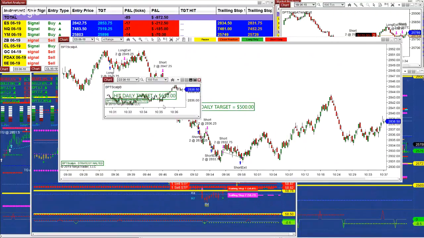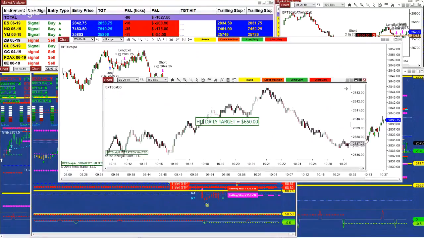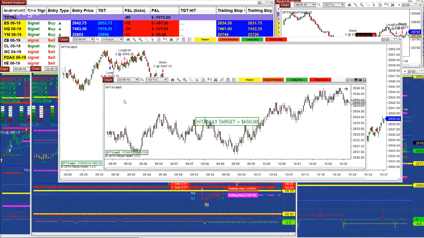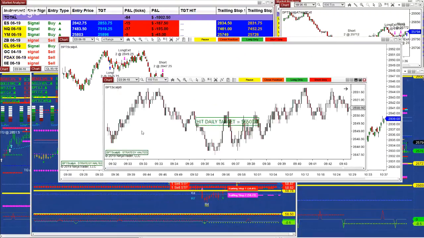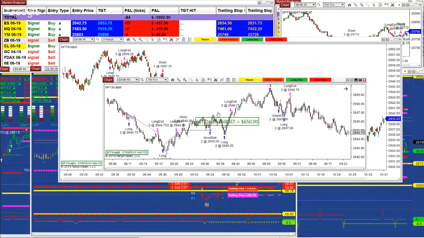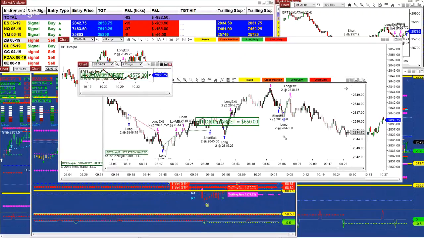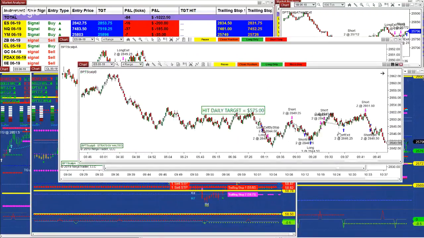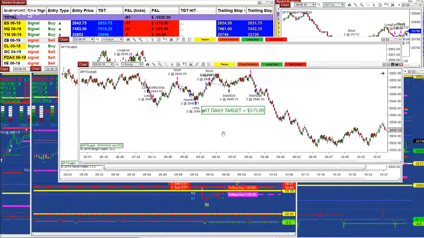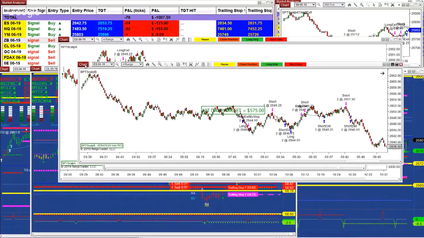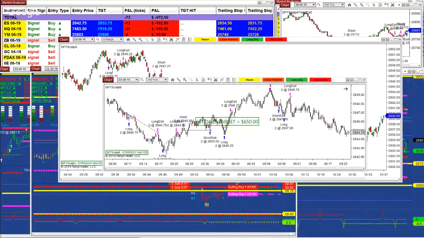On the ES 150 ticks on the B scalper, nailed 650. And the ES full range nailed 575. They're all on a 500 target, but this is a market order, and the full range nailed 575 market order. So for the scalpers, we are about done.